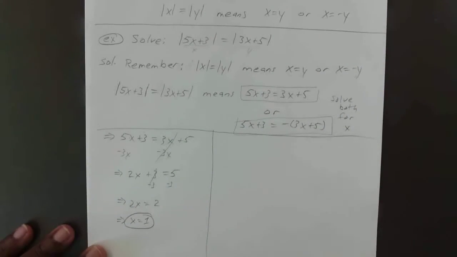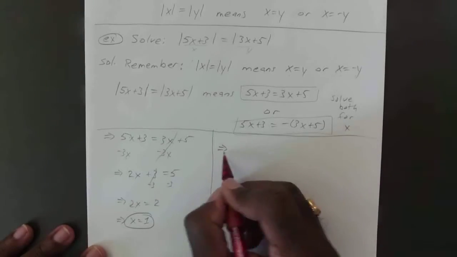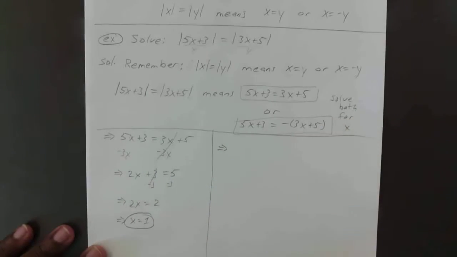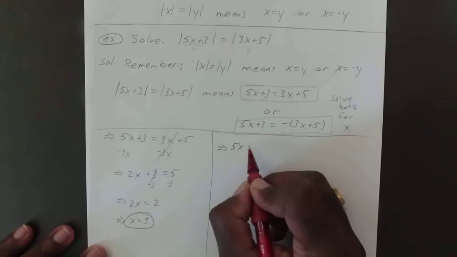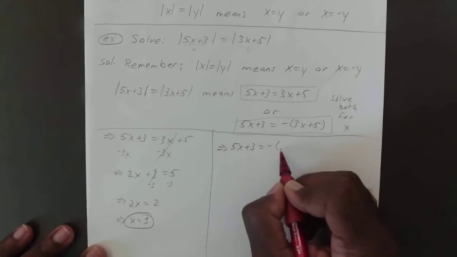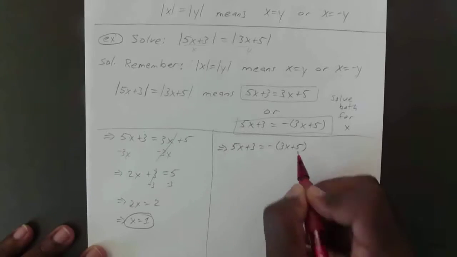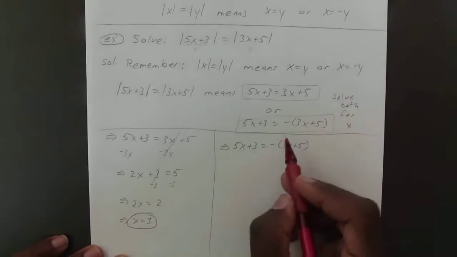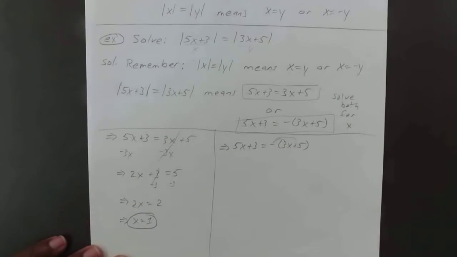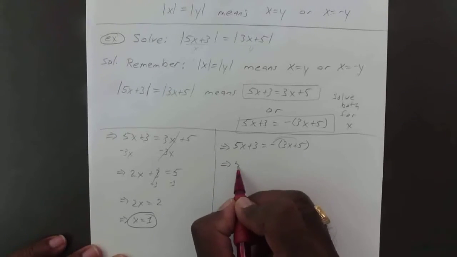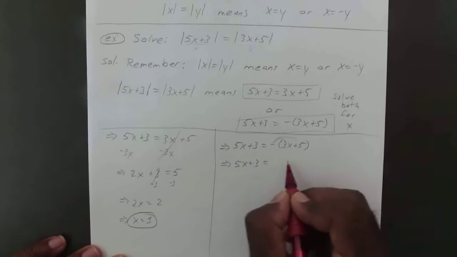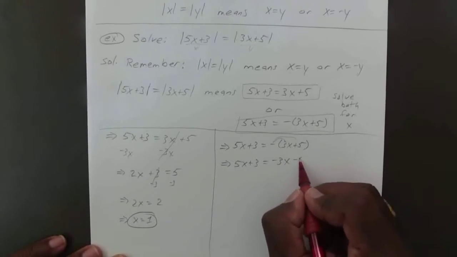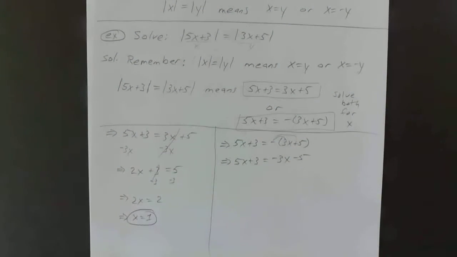Block that off a little bit. Our second solution, 5x plus 3 equals negative 3x plus 5. And don't forget your parentheses because it's the negative of that entire binomial. So now you just distribute that negative. So you have 5x plus 3 equals negative 3x minus 5. So now we just add 3x to both sides.